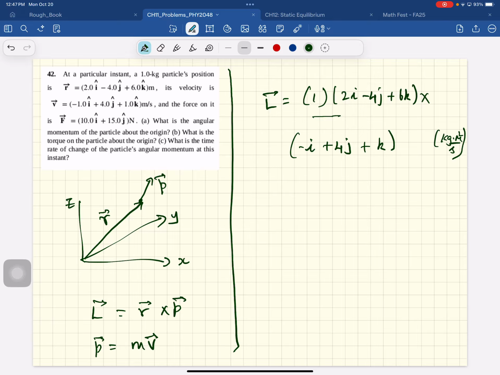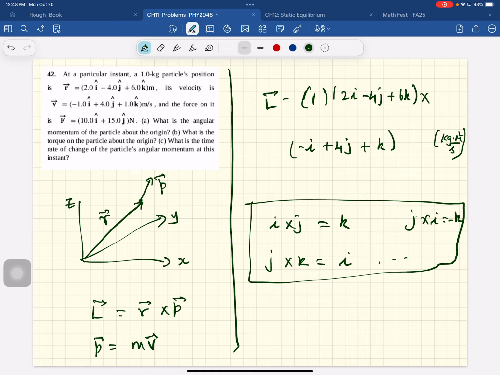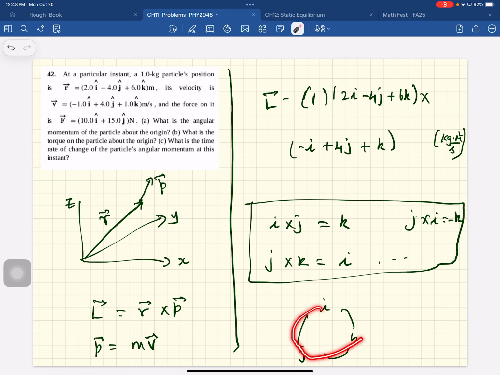You can do the cross product any way you like, but let me remind you, i cross j is k, and the opposite, j cross i, is minus k. j cross k is i, k cross i is j.